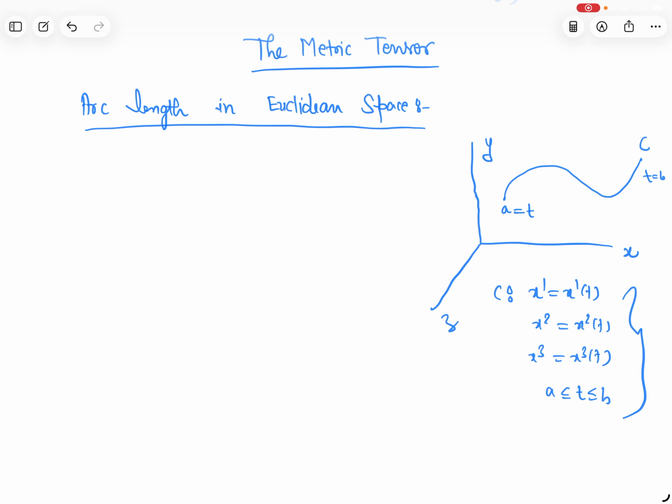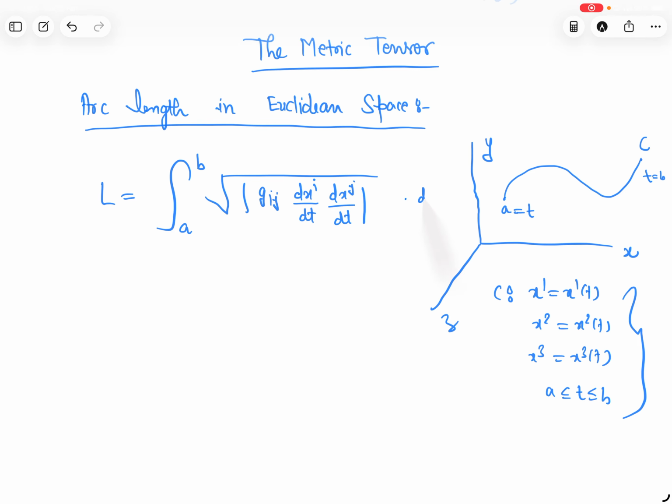We want to calculate length. So length will be given this way: L is equal to the integral from A to B of the square root of the absolute value of Gij, dxi/dt, dxj/dt, and outside it is dt.